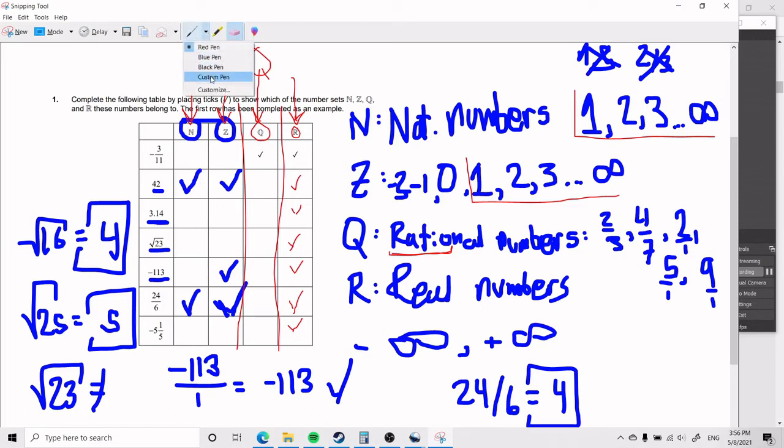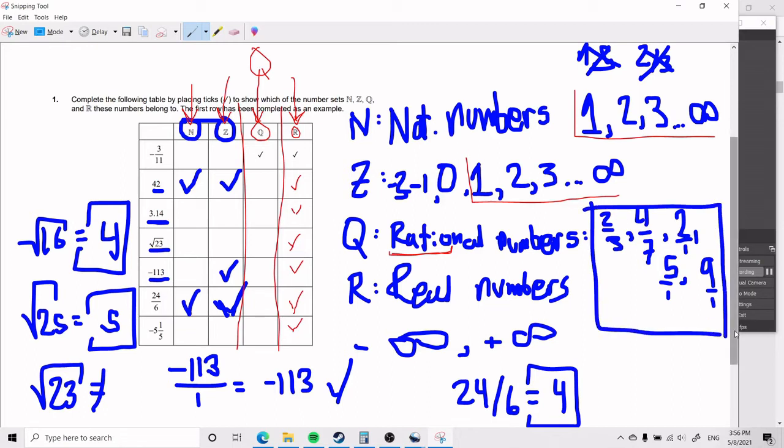Okay, and so we have to basically ask ourselves with the q's, can it be written as a ratio? Okay, that's the most important part. Can it be written as a fraction? And so 42 over 1 is the same as 42, and 42 over 1 is a fraction, and so it can be written as a rational number. 3.14, can it be written as a fraction or as a ratio?